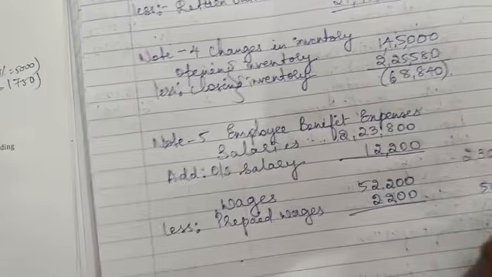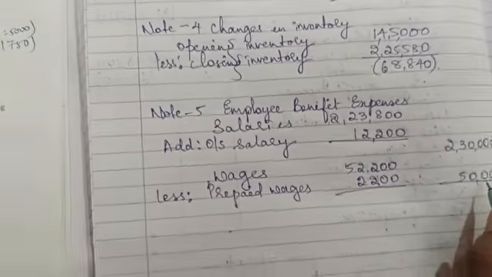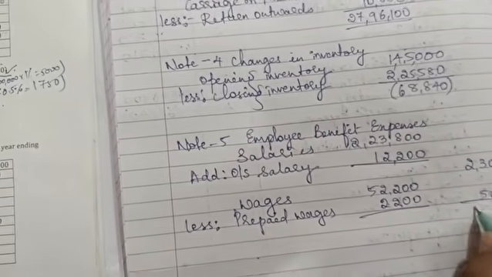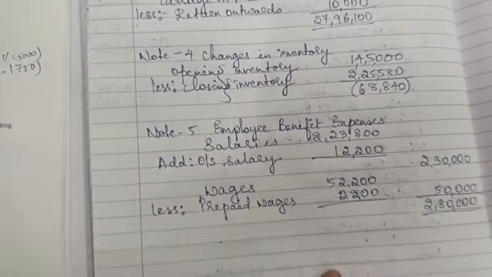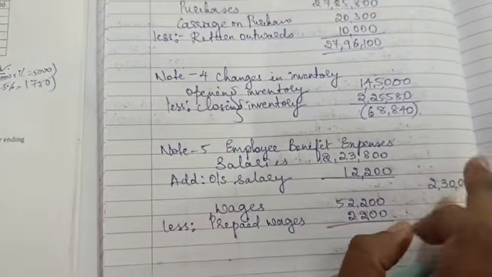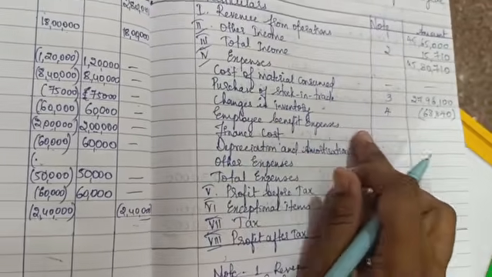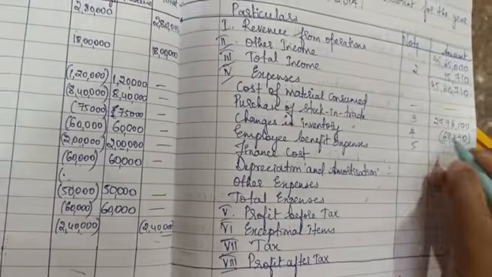So it comes up to 50,000. So the total comes to 2,80,000. Now note 5 total is 2,80,000. So let's write here employee benefit expenses note number 5, that is 2,80,000.